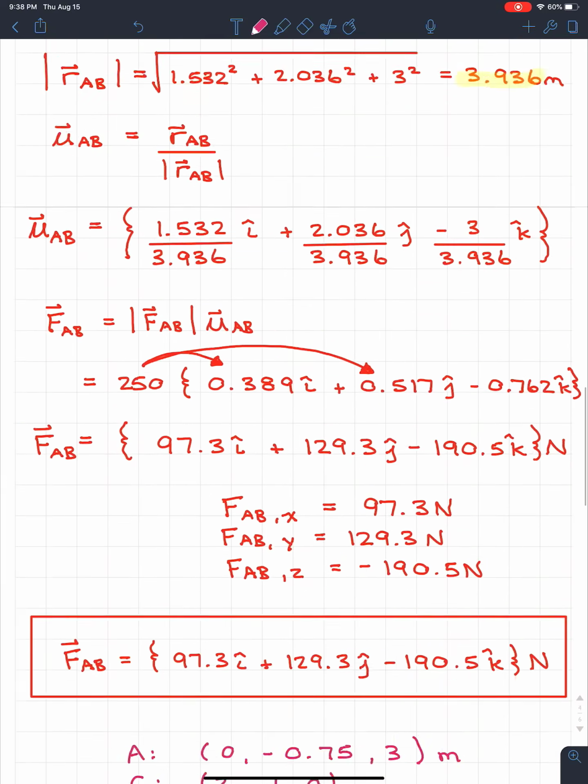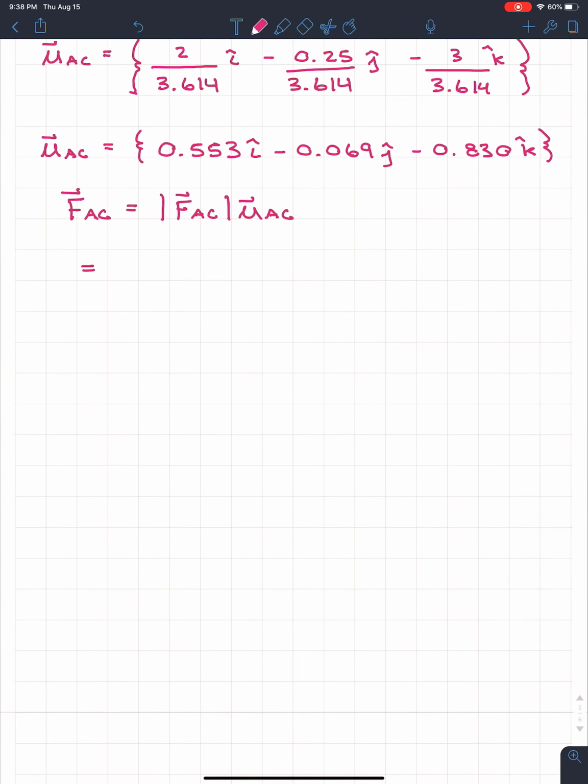So I'm just going to put 400 here. And then I'm going to put my vector 0.553 in the I, minus 0.069 in the J, minus 0.83 in the K.